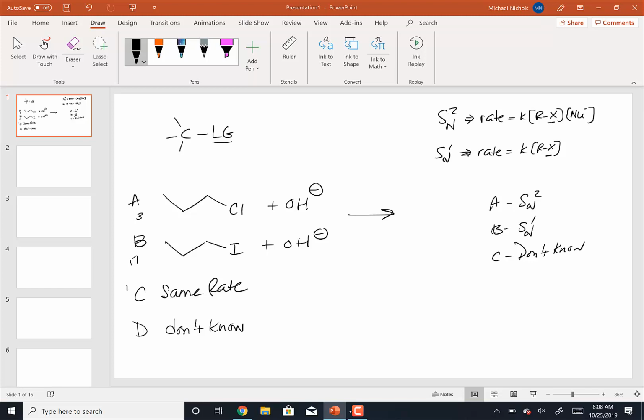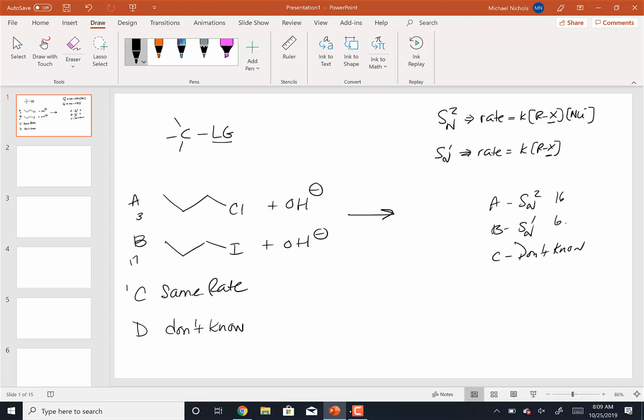And don't know is perfectly legitimate. If don't know ever gets to be the number one answer, then I know what I need to immediately talk about. Okay, we've got 16 SN2s and 6 SN1s.